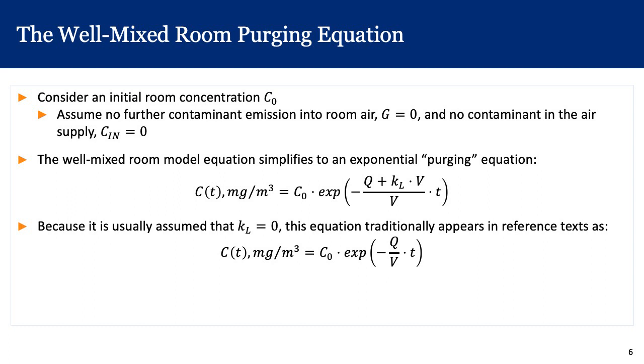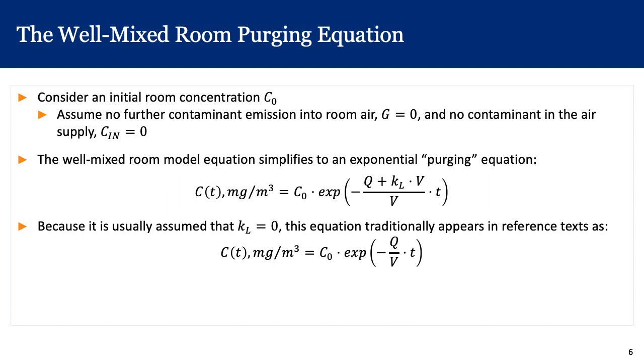And so since G is 0, if you recall the overall equation, the first term, which has that coefficient of G divided by Q, that is now 0. And we are now only left with the second term, which is the exponential decay term.